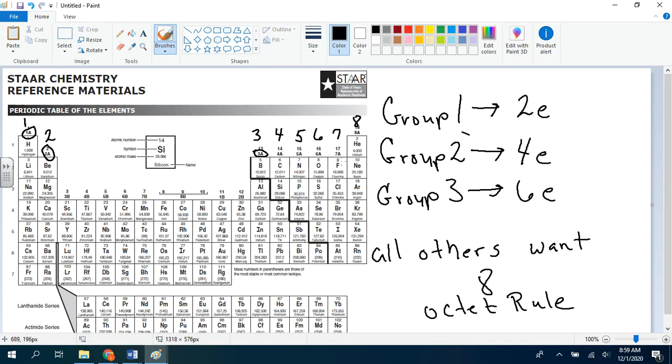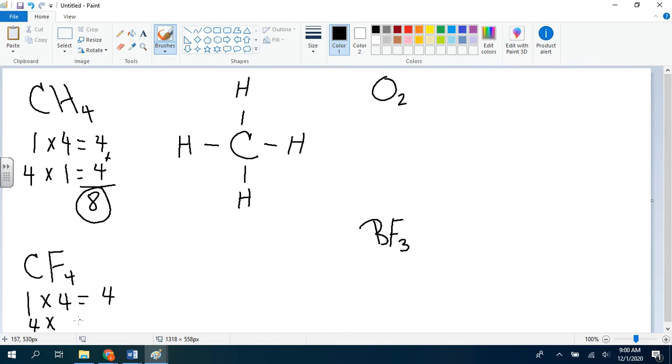Fluorine is here, okay? He's got 7 valence electrons. This is what you need this part for. Okay, so he's got 7. Okay, 4 times 7. The total, I'm running out of room, is 32. All right, so we're trying to get 32.